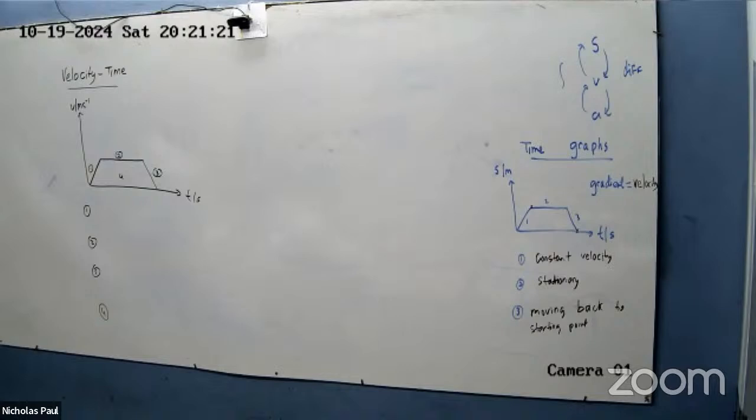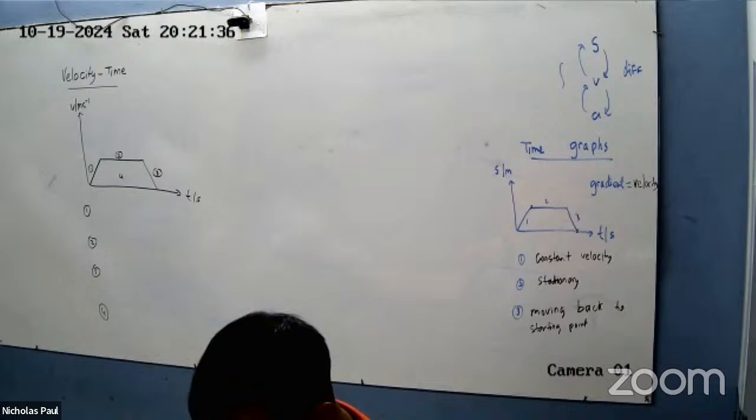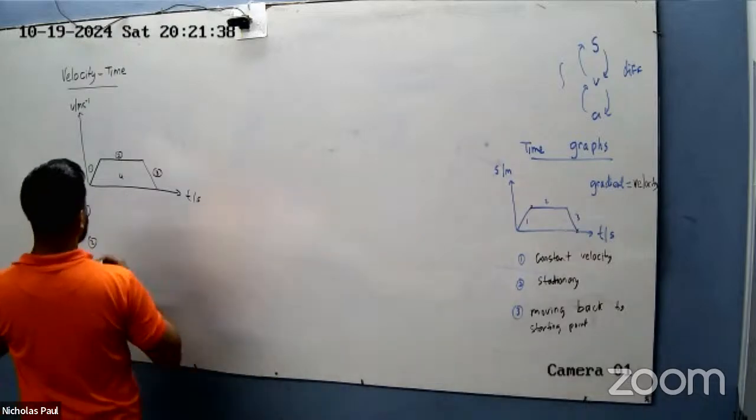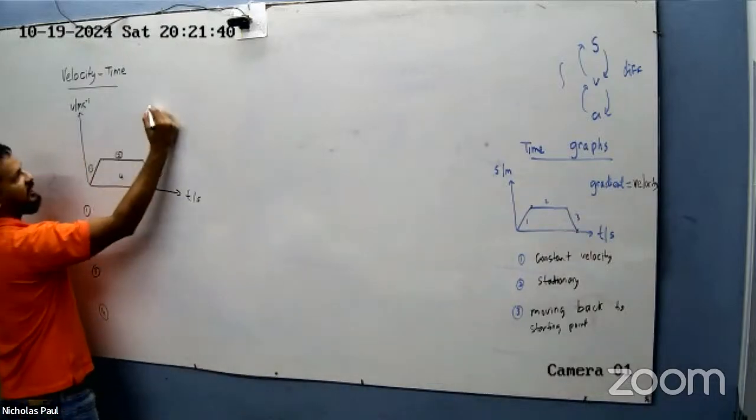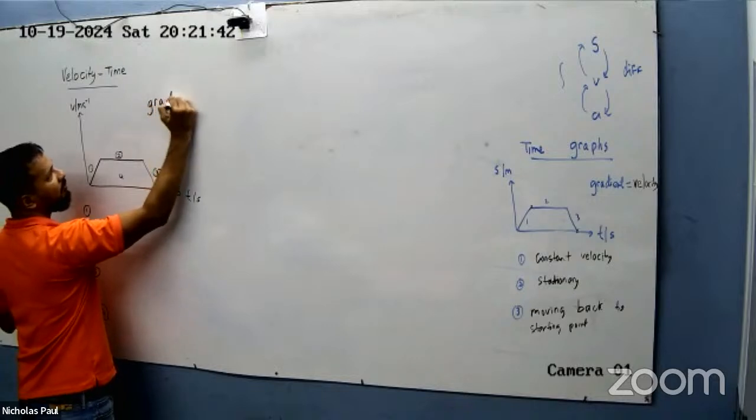So let's see if we can explain what is happening here with the velocity time graph. Firstly, we need to remember what the gradient represents.